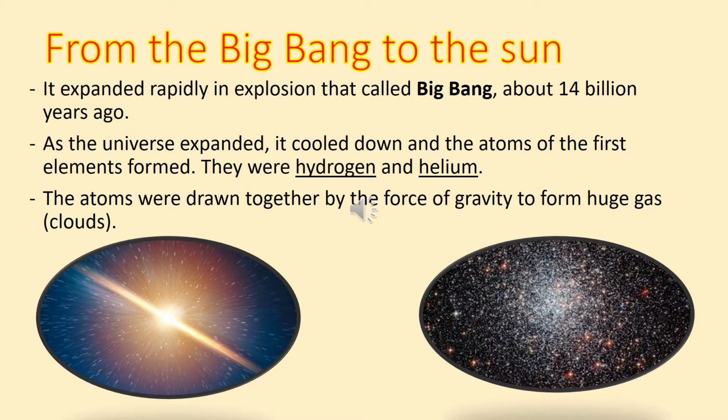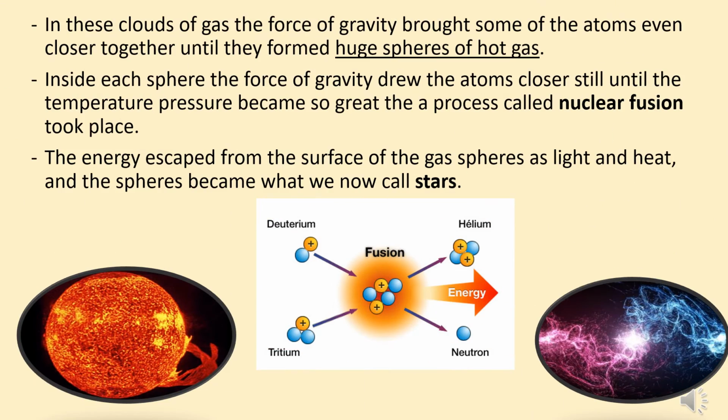These atoms were drawn together by the force of gravity to form huge gas clouds. In the previous slide, you would see the picture of the tiny white spot, which was extremely hot. And as we said, then they formed clouds.